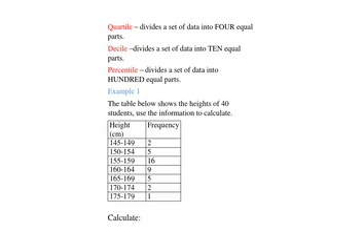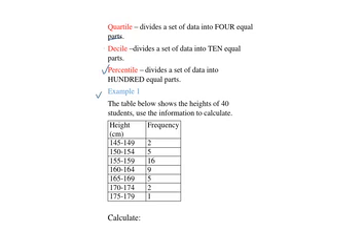Quartile divides a set of data into 4 equal parts. Decile divides a set of data into 10 equal parts. And lastly, we have percentile, which divides a set of data into 100 equal parts.